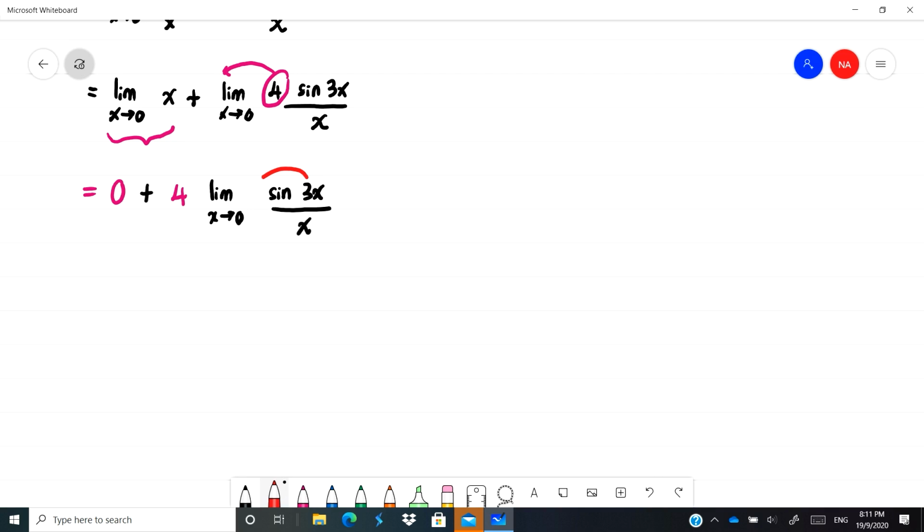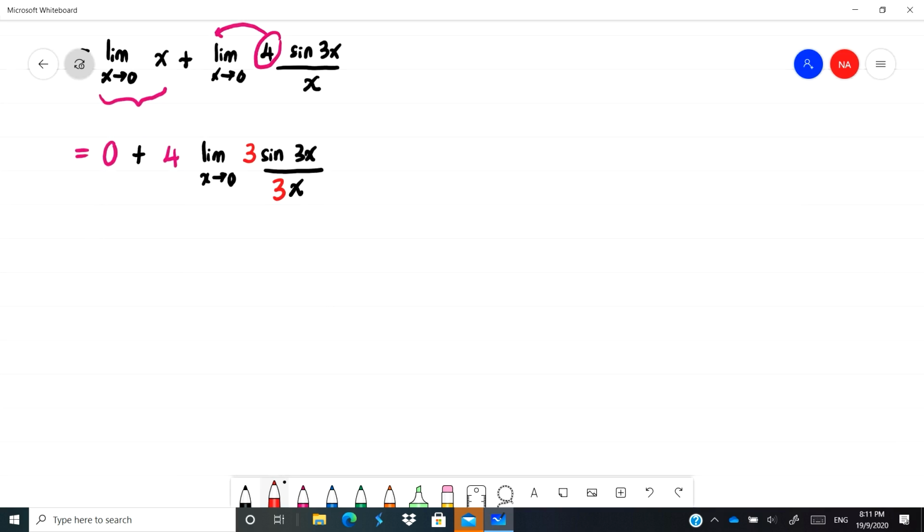What we can do is make them the same, so we want to have 3x in the denominator, so we put 3 here and we put 3 in the numerator. Now again, you can simply take this 3 out, so 0 will be ignored there, so 4.